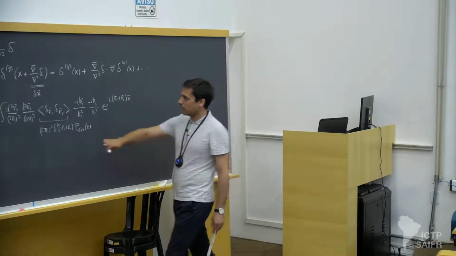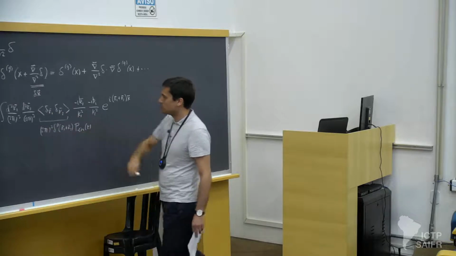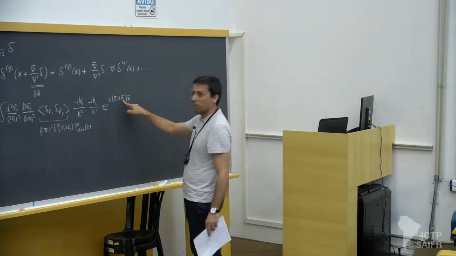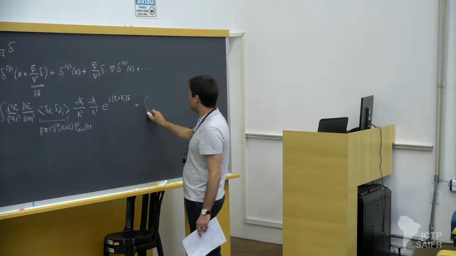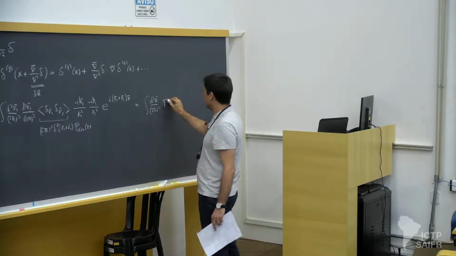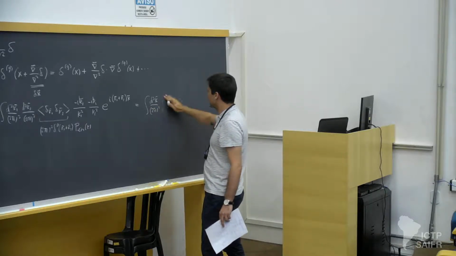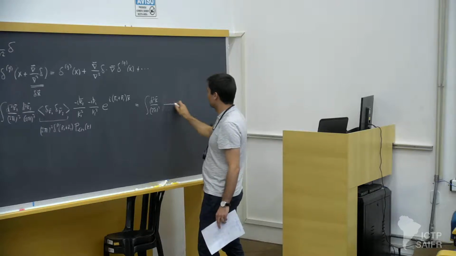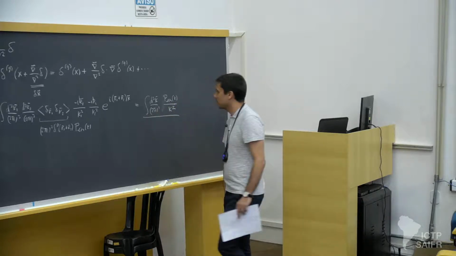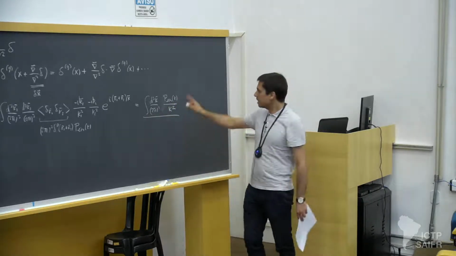So when you get rid of one momentum integration using the Dirac delta function, this term goes away because k1 plus k2 is 0, and you're left with d3k over 2 pi cube, and then p linear of k divided by k squared. Okay? So you see, this has a different form.